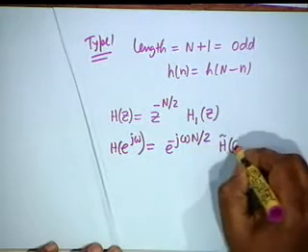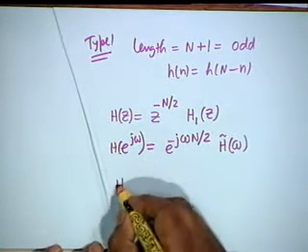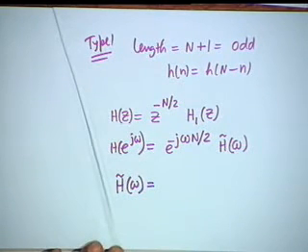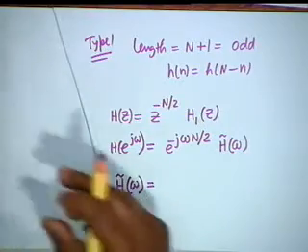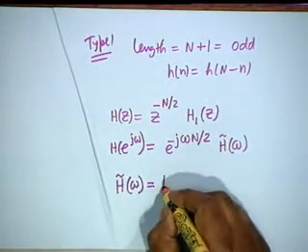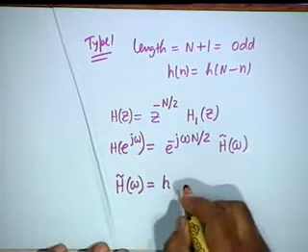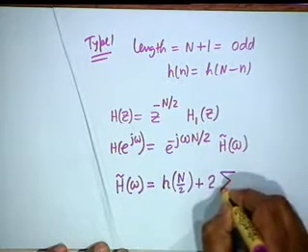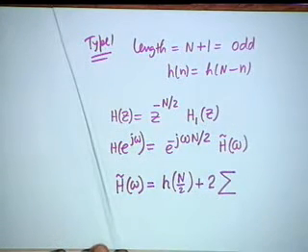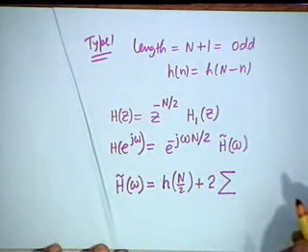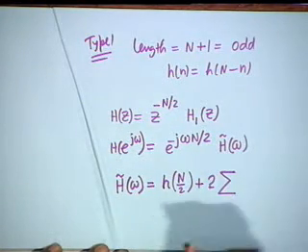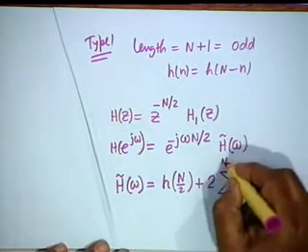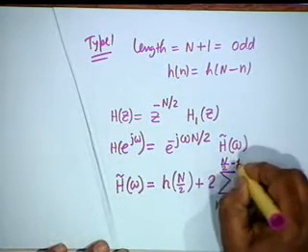Then we have called it H tilde of omega, and H tilde of omega shall be of the form, what will be the form? There will be a constant term h of N by 2 and then plus twice summation, n equal to 1 to N by 2 minus 1.